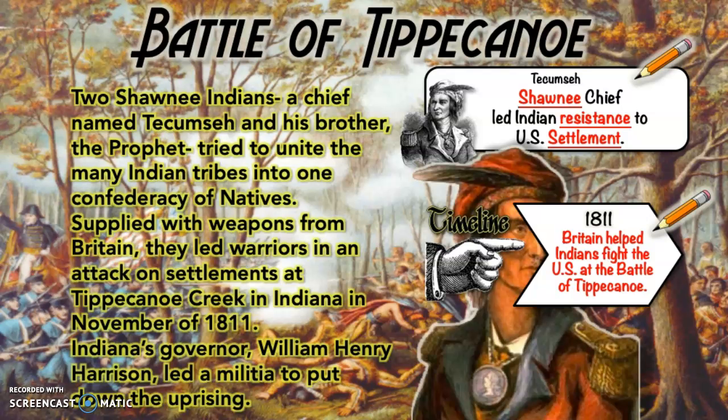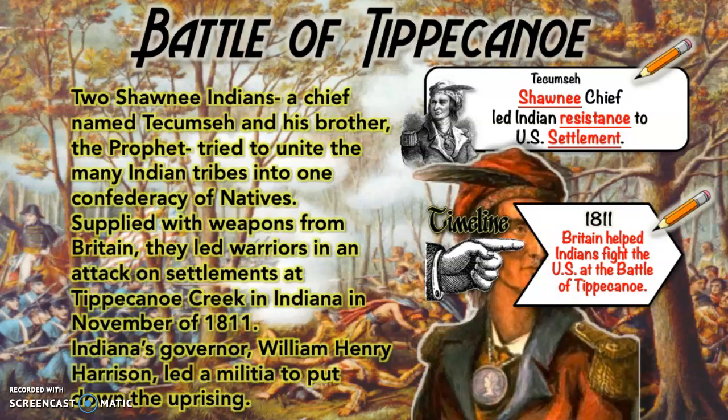We can't talk about this time period without talking about an incredibly important Native American leader of the time. His name is Tecumseh, and he was a Shawnee chief, who very wisely realized that the Native Americans would be stronger if the different tribes would work together.